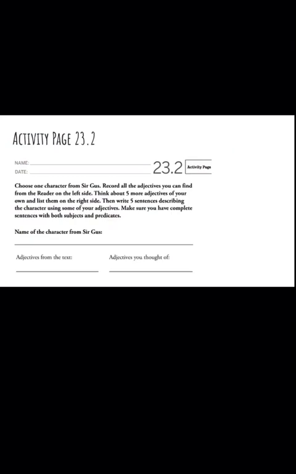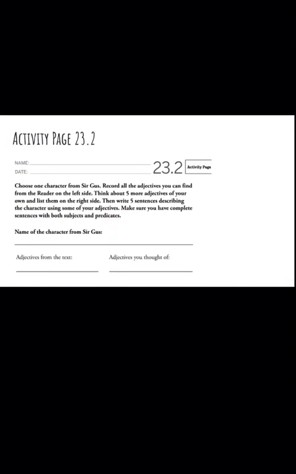When you're finished reading, this is what you will be doing. Activity page 23.2, and you're going to choose a character, any character from Sir Gus, and you are going to record all the adjectives that you can find from the reader on the left-hand side. And then you're going to think about 5 more adjectives of your own and list them on the right side.